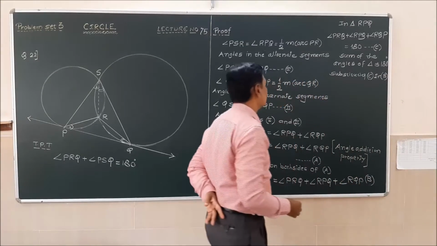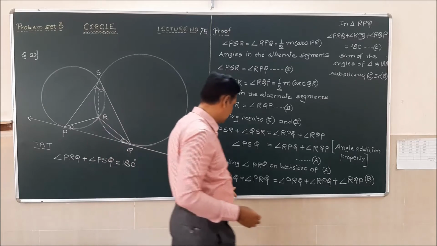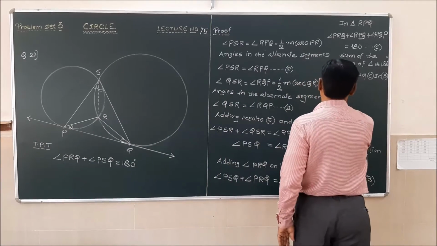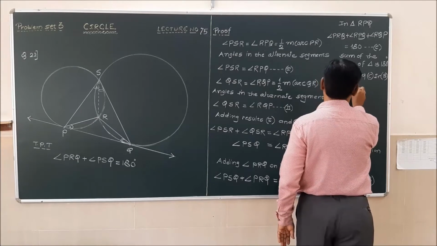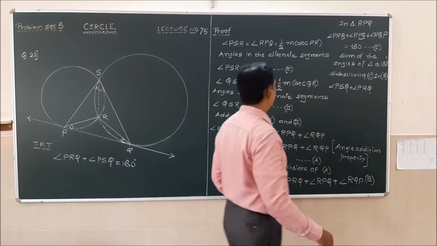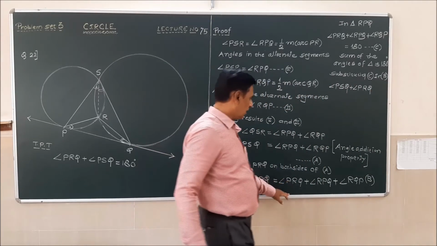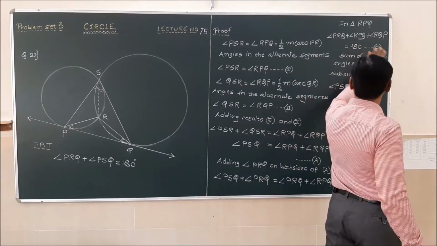If I substitute C in B, left hand side as it is, PSQ plus PRQ. But please see here what happens. PRQ plus RPQ plus RQP is equal to 180.